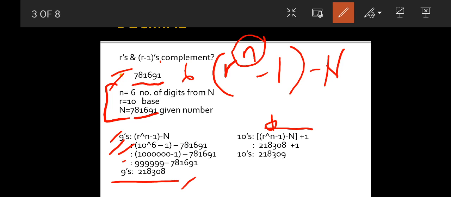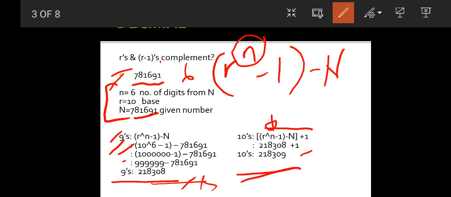Since you now have your result for your 9's complement, or your diminished complement, you just have to add 1. So your answer for your 10's complement is 218309. Kindly check your calculator if we have the same answer.